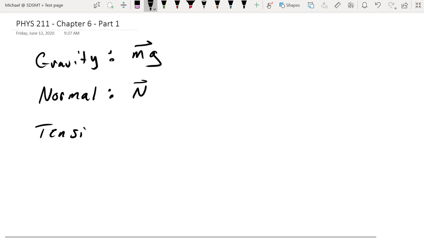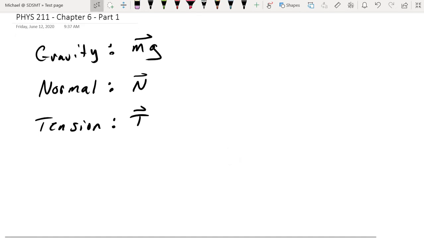And then we also had a tension force, and this was where if we attached a rope or a chain or some other support structure, then that rope would provide a tension force that pulls away from the body, because a rope cannot push. That's not the way it works.